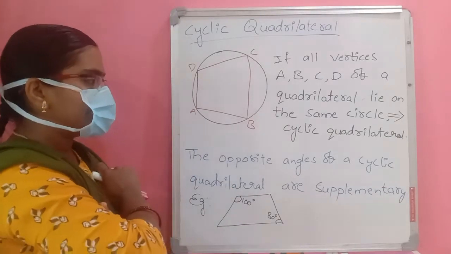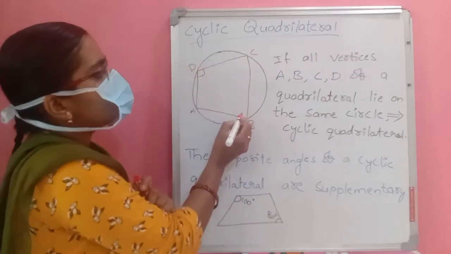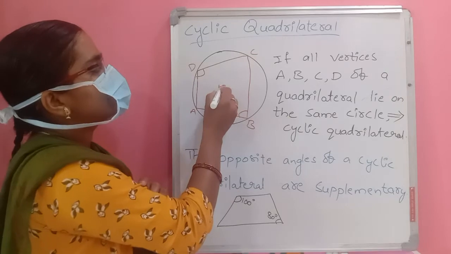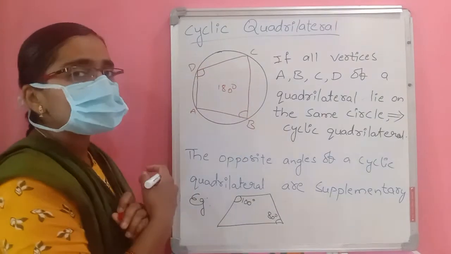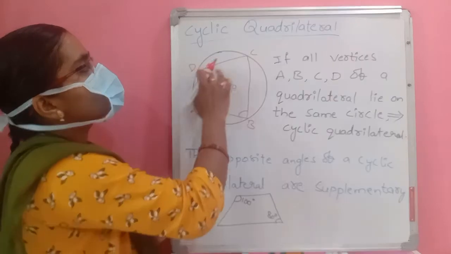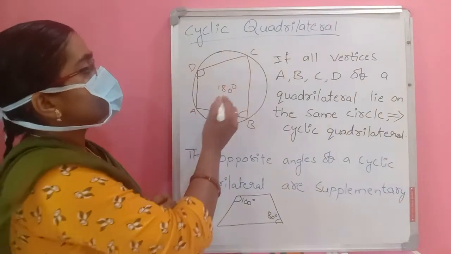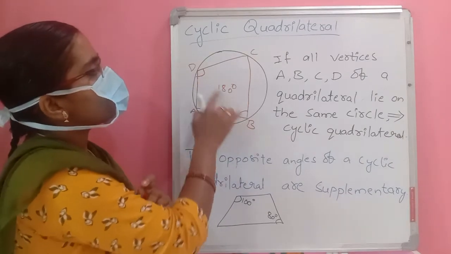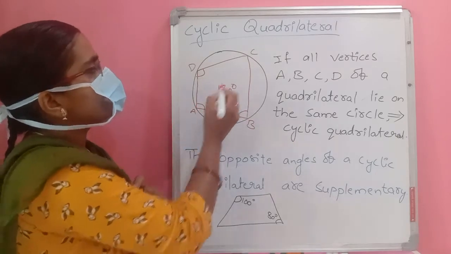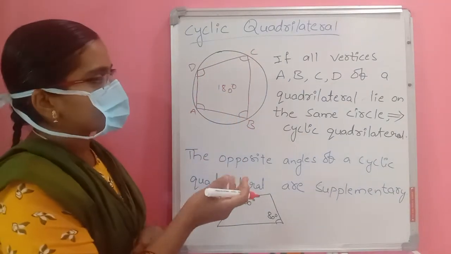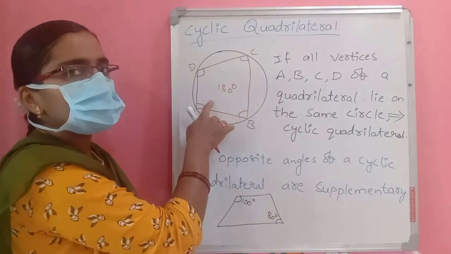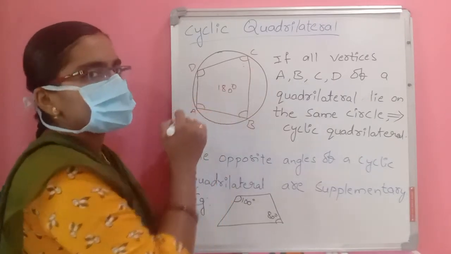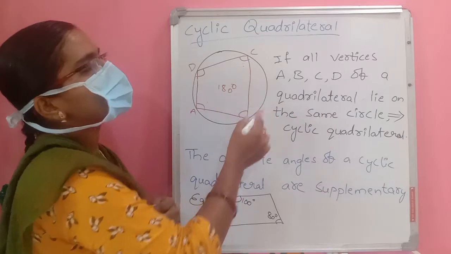In a cyclic quadrilateral, the sum of opposite angles is always 180 degrees. Opposite angles are supplementary. The converse is also true: if opposite angles are supplementary, then it is a cyclic quadrilateral. If any quadrilateral has opposite angles summing to 180 degrees, then we can call it a cyclic quadrilateral.